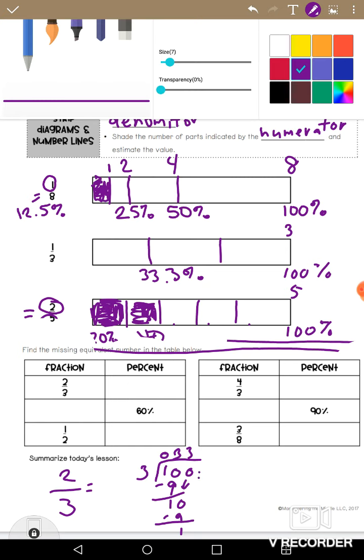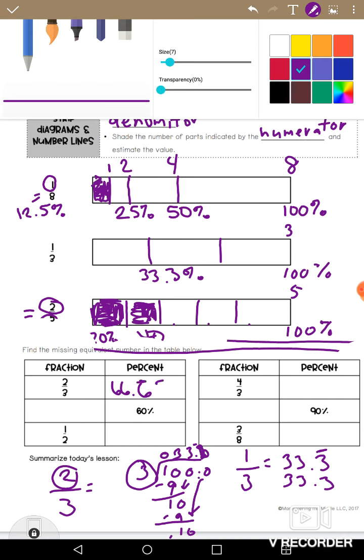Put a decimal 0. Bring down that 0. And then it's just going to keep repeating over and over again. So 1/3, because we divided by one group of 3, equals 33.3, and it's a repeating 3, but we have 2 parts. So another 33.3 is going to be what? 66.6 repeating decimal percent.